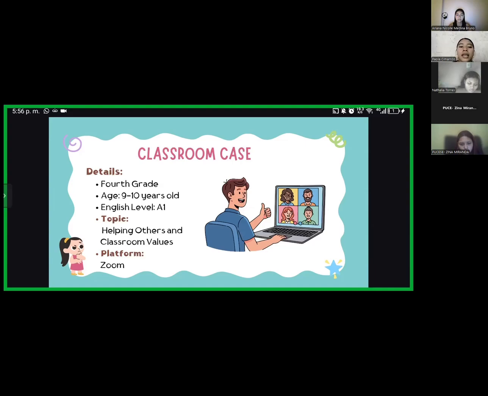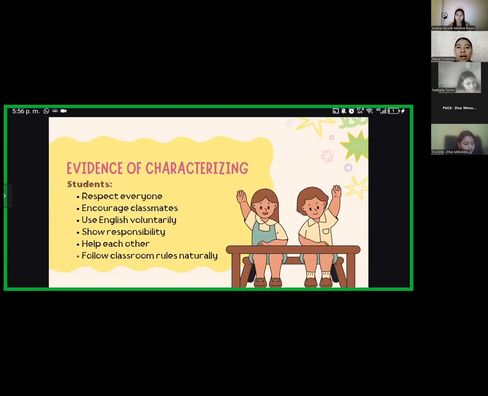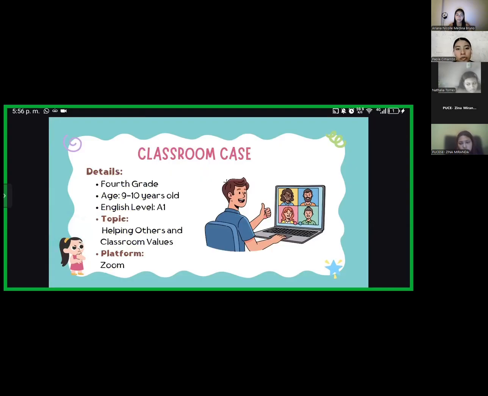The objective of the lesson is: students will use simple English expressions to talk about kindness, helping others, and showing respect in everyday situations.